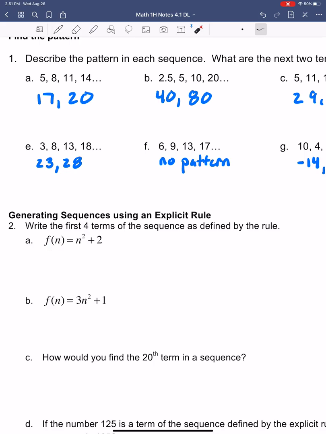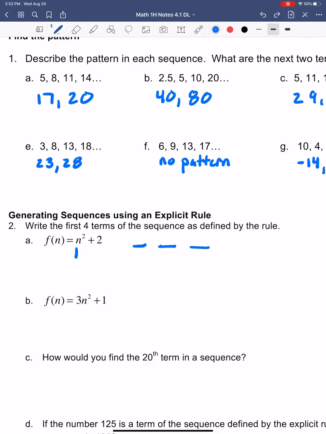The nice part about this rule is as I start to plug in numbers, it's going to generate some list of numbers for me. If I plug in 1, it gives me an output. If I plug in 2, it gives me the next output. If I plug in 3, it gives me the next output, and eventually I'll have a list of numbers as I punch in values for n.